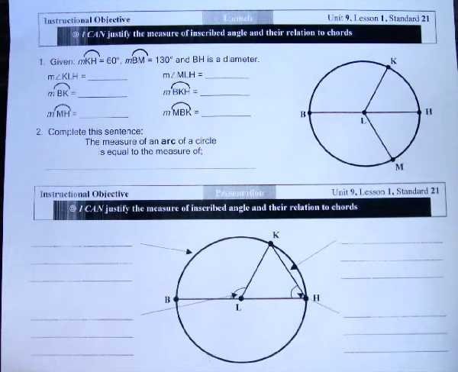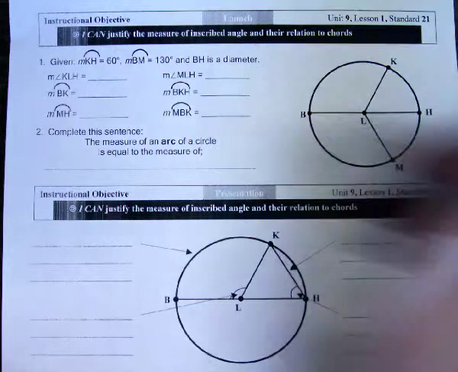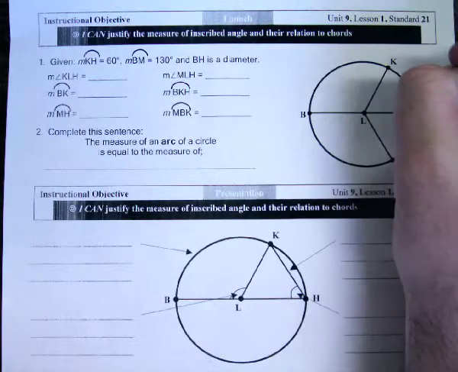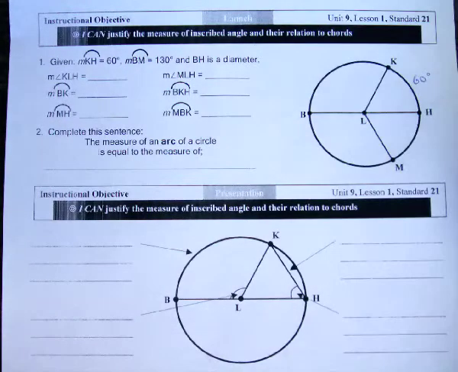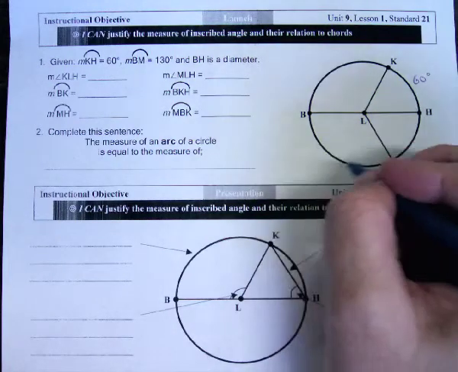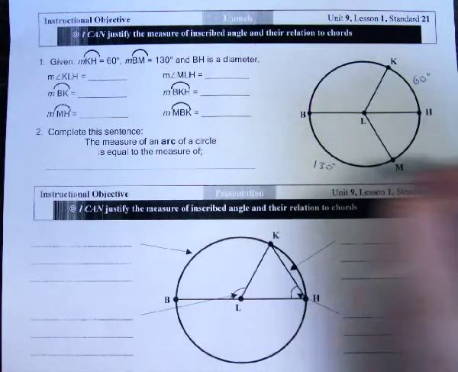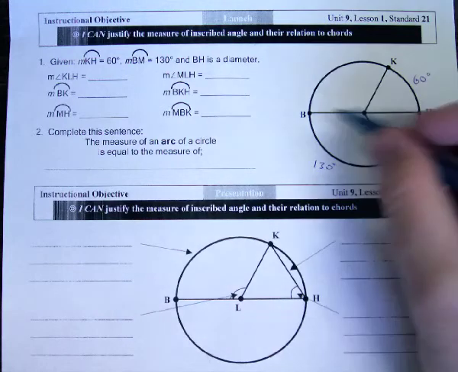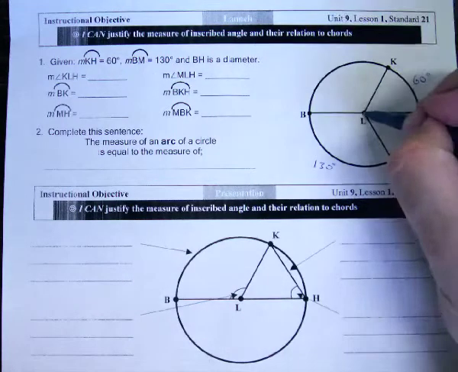So at the top, we're given a couple things. That arc KH is 60 degrees. That BM is 130 degrees. And then BH is a diameter, which means L is a center.